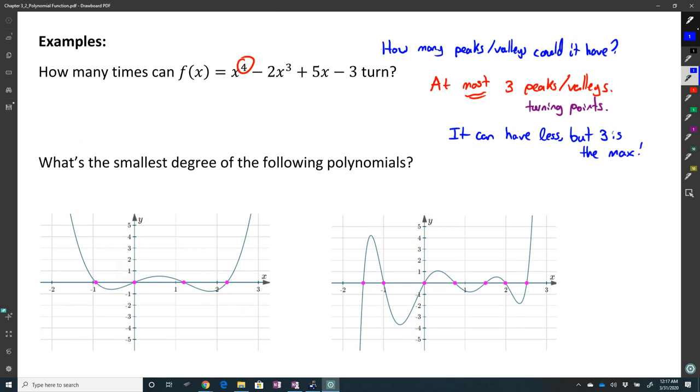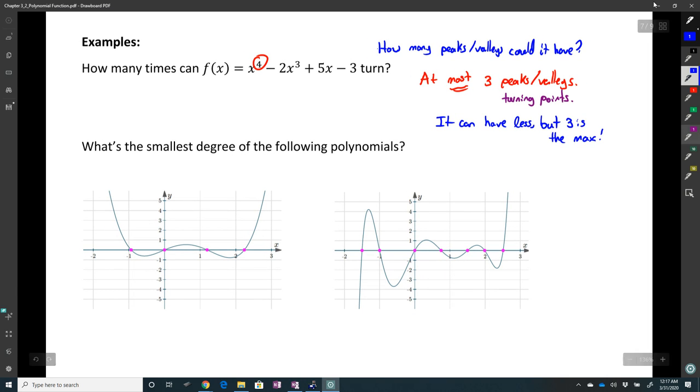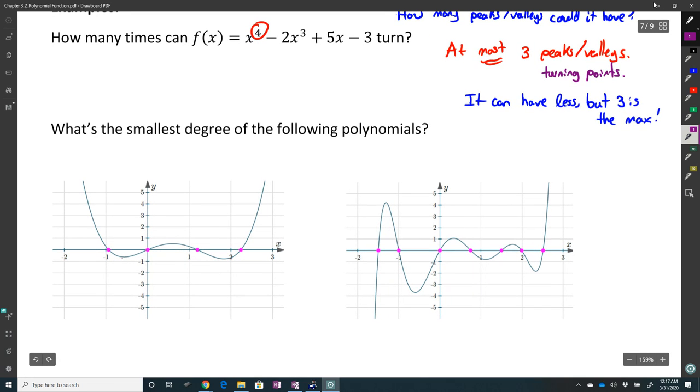And now we can also use the same thing to go backwards. If I give you a graph, looking at the graph, I kind of stole these from the internet, you can see that we have a valley, we have a peak, and we have a valley.